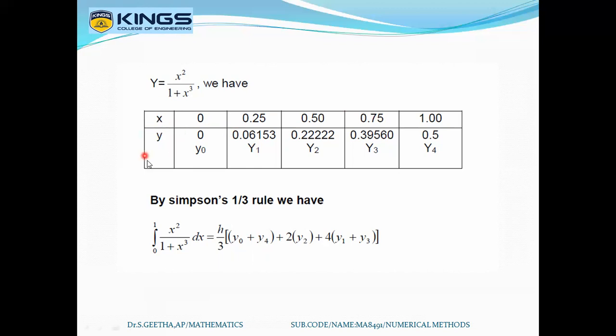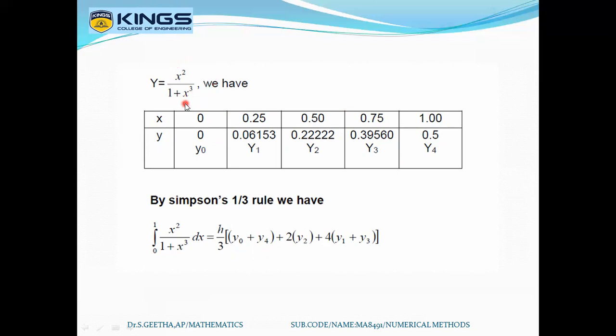To find the value of y, we use the function y is equal to x square by 1 plus x cube. Put x equal to 0 in y: 0 by anything is 0. Put x equal to 0.25 in this y, which is equal to 0.25 the whole square by 1 plus 0.25 the whole power 3.